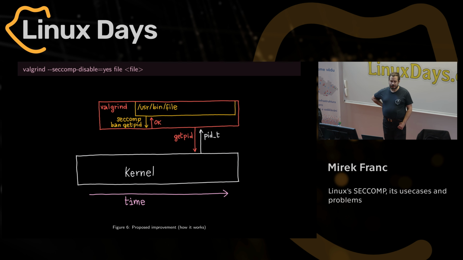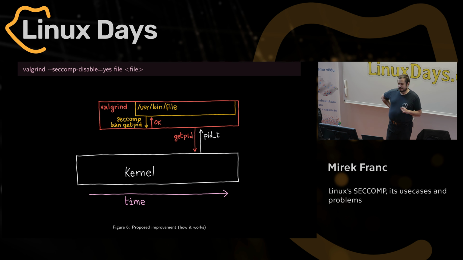The user bin file calls SECCOMP, and Valgrind will just pretend that it happened without actually passing it to the kernel. So the user bin file thinks it's sandboxed, but it's actually not. And then Valgrind can call getpid, and that problem that happened at the beginning never happens.